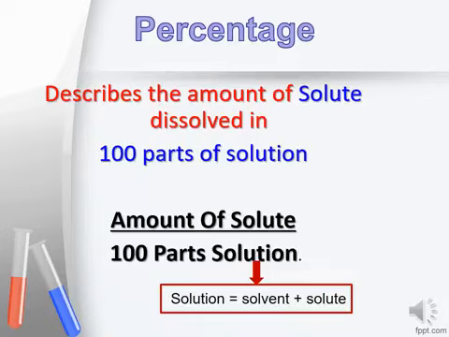Again, can you remember what solution means? Solution is a mixture of solute and solvent. Then what is percentage? Percentage means the amount of solute divided by 100 parts of solution. And here solution is the addition of both solute and solvent.